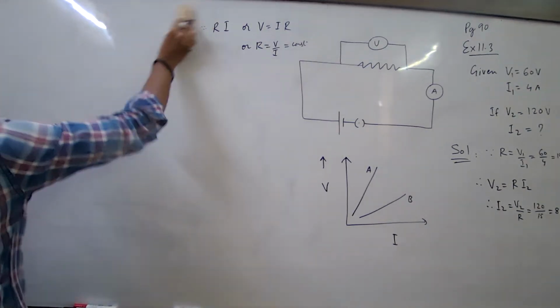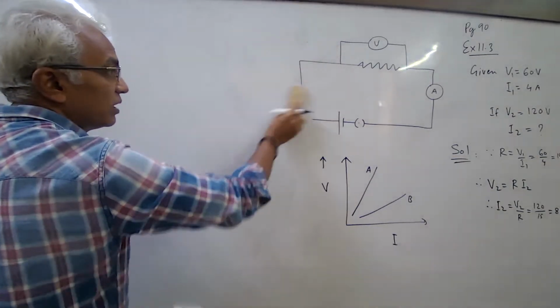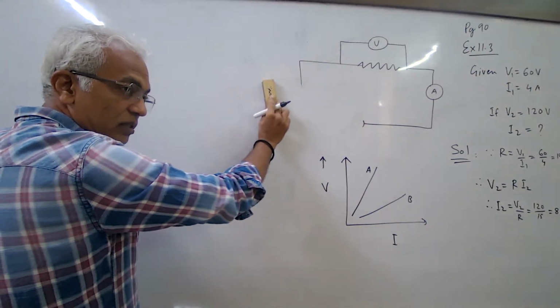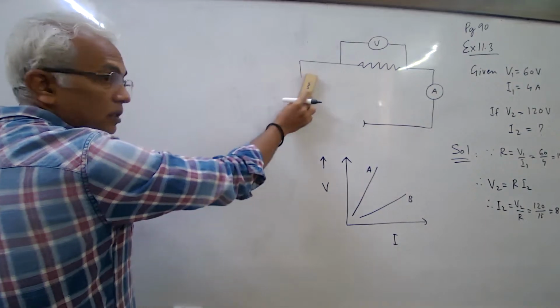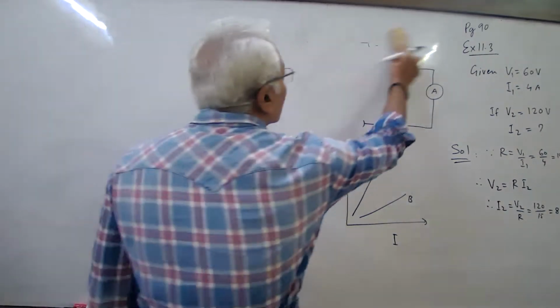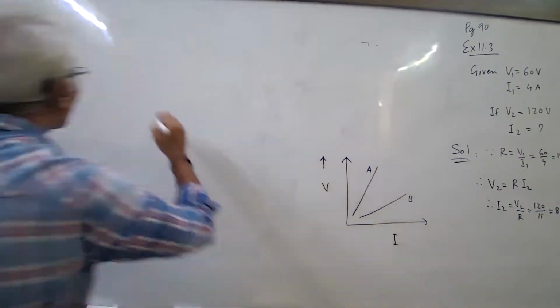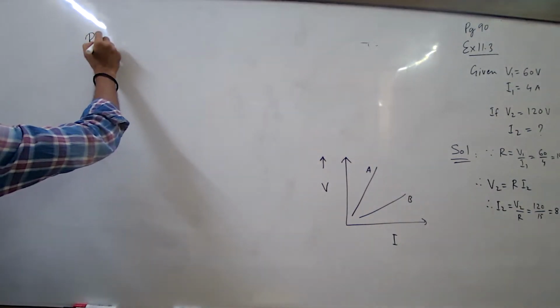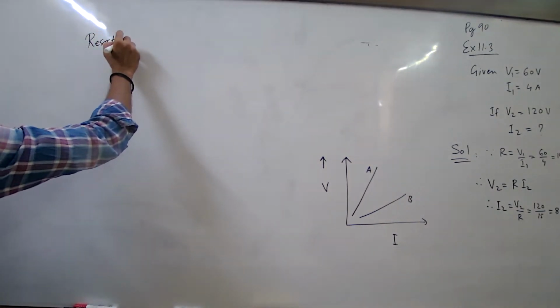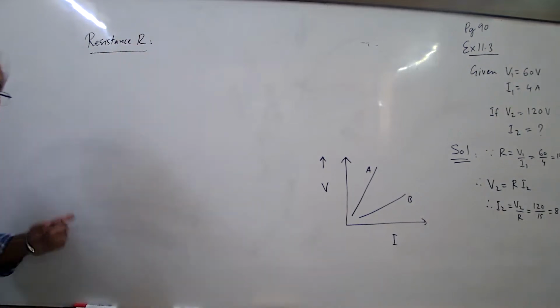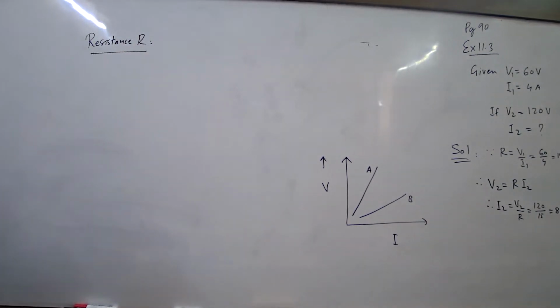This was a repetition which we have already done. This diagram I can erase. I have already told you, what is resistance? Obstruction to the flow of current.